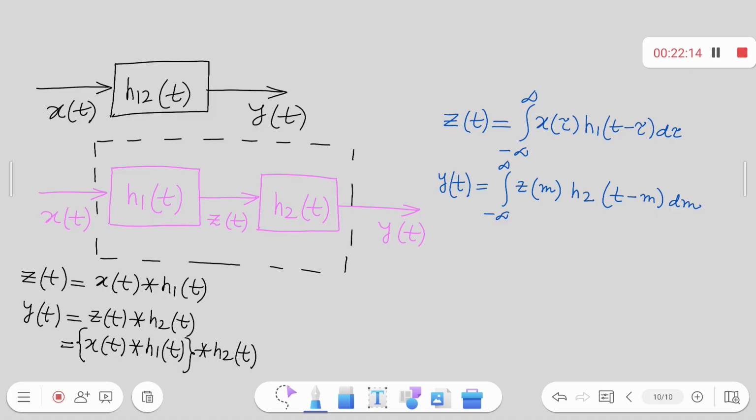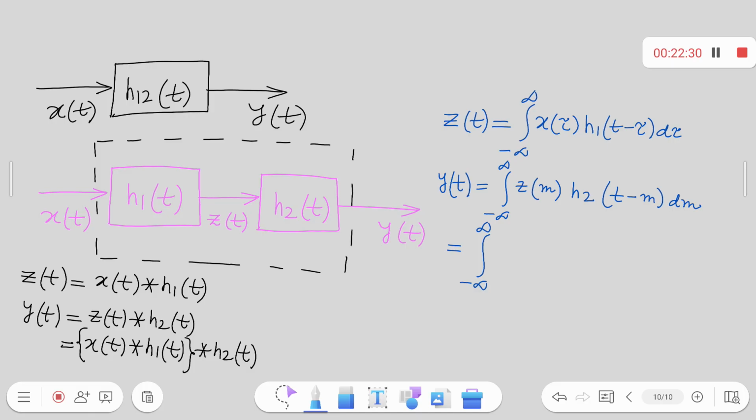So what can I write over there? Here you have minus to plus infinity. So how is z(m) defined? z(t) is equal to the integral from minus to plus infinity of x(tau) h1(t minus tau) d tau.